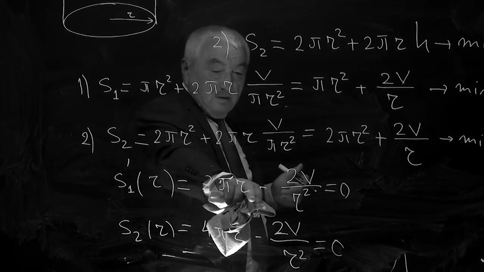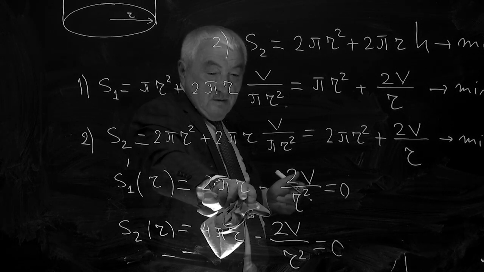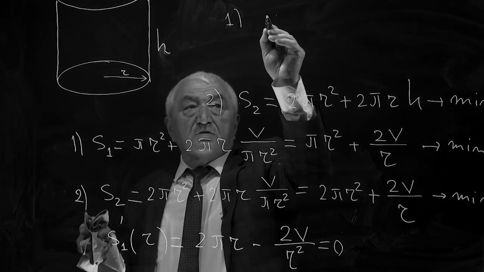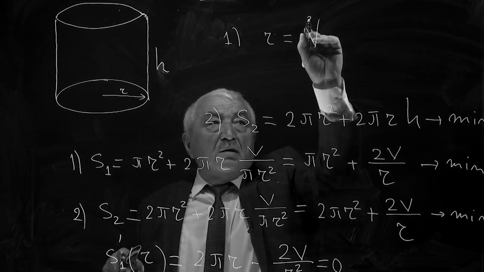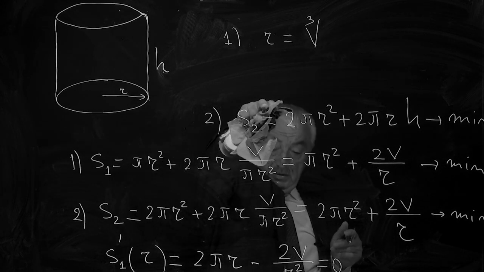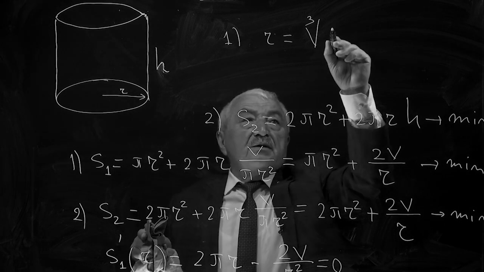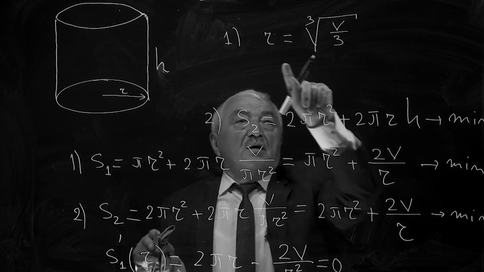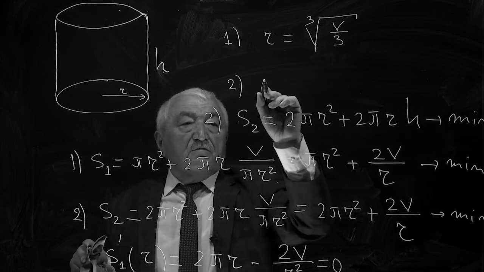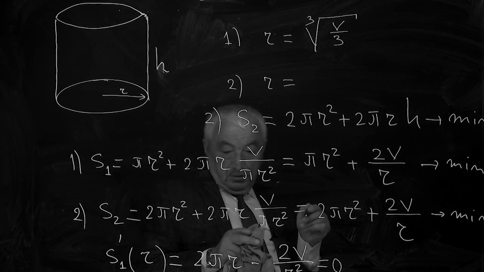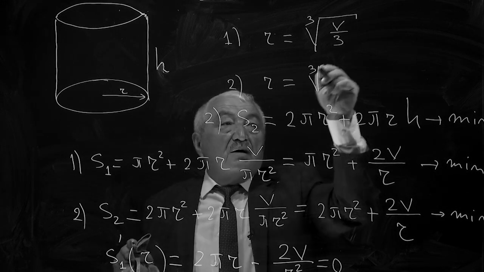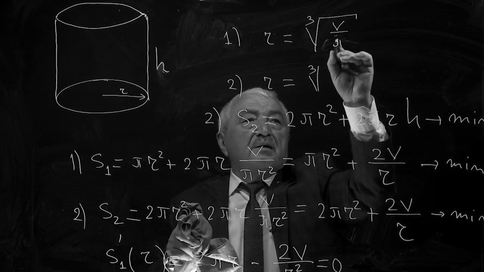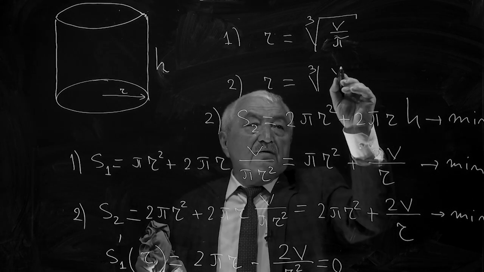It is possible to find the optimal value of R. R, first one, solution of these equations: R is equal to V divided by pi to the power 1 divided by 3, the third square root, of this optimal value. In the second situation, R is equal to V divided by 2 pi to the power 1 divided by 3.